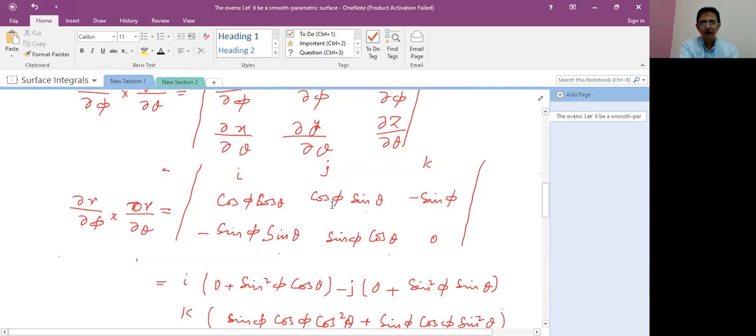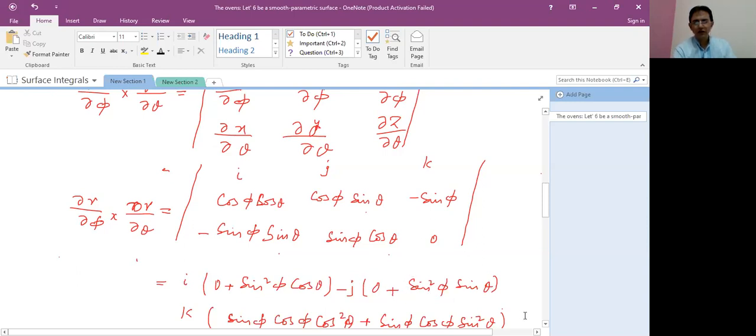For the next column, with j, we skip the second column and multiply both values; the sign works out to minus, and 0 times cos phi gives 0.